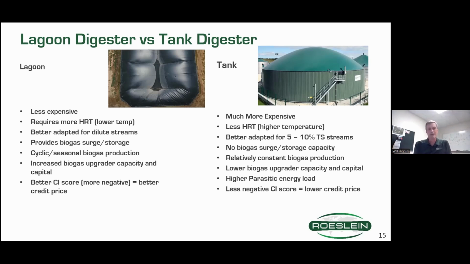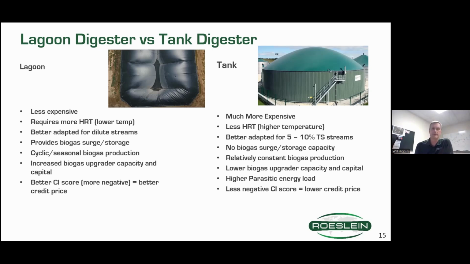It's a little different depending on what part of the country you're in, but let's say if a tank digester needs 30 days to do the digestion, we might need 120 days of HRT in a lagoon digester to do the same amount of digestion. So it's more volume to get the same level of digestion in a lagoon digester.